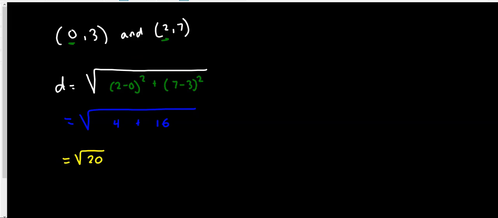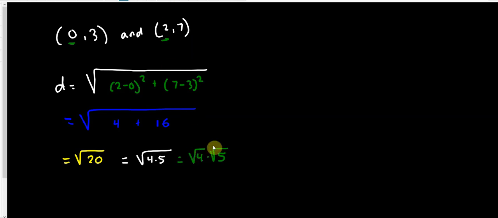Now, we worked on some skills last time to be able to simplify this as much as possible. Are there any perfect squares that divide evenly into 20? And your answer is yes. The biggest one would be 4. So I can rewrite 20 as 4 times 5. Remember our product property. I can break this apart into the square root of 4 times the square root of 5, just a bit of review from last time.